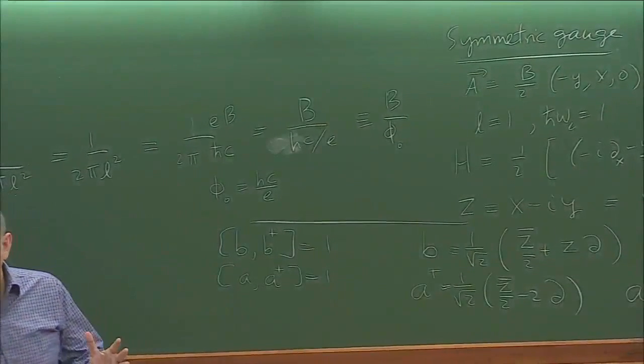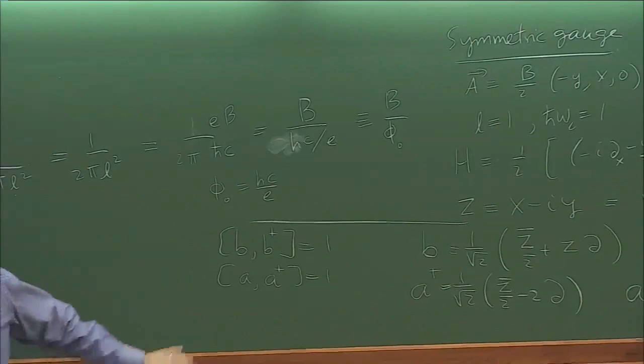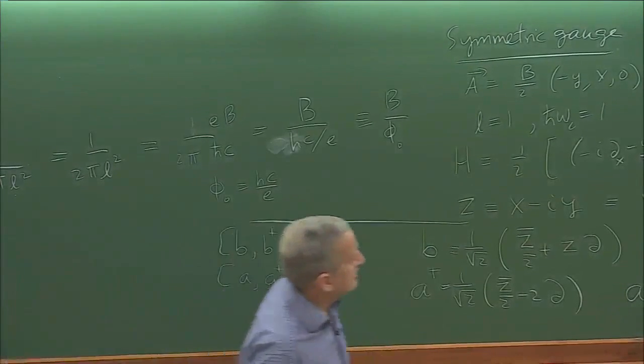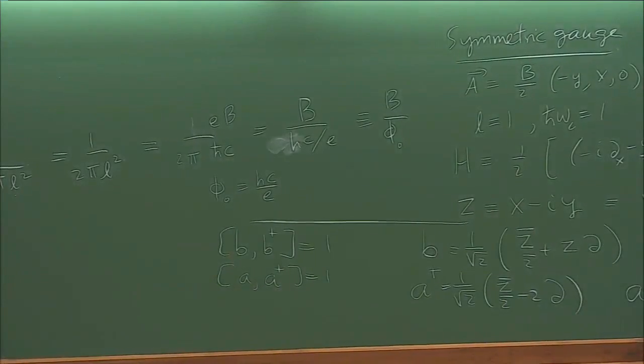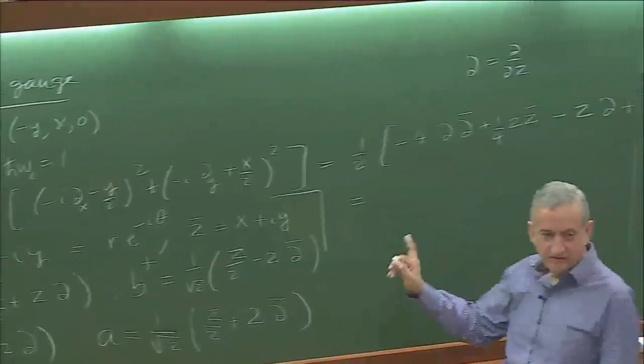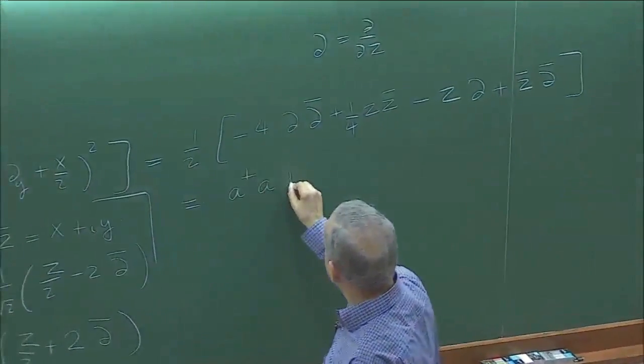So if you calculate the commutator between a b, or a dagger b, a dagger b dagger, whatever, they're all 0. So these are the only non-zero commutators. So now, in terms of this, the Hamiltonian will take this very simple form. Again, this is some algebra that you should work out, but it's equal to a dagger a plus a half.